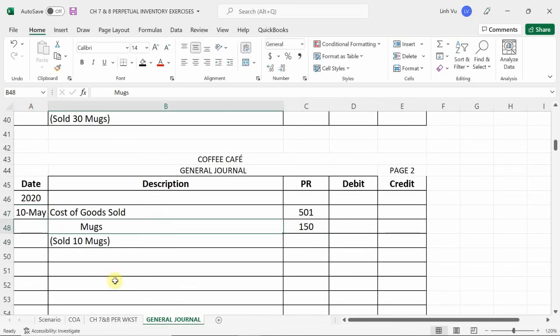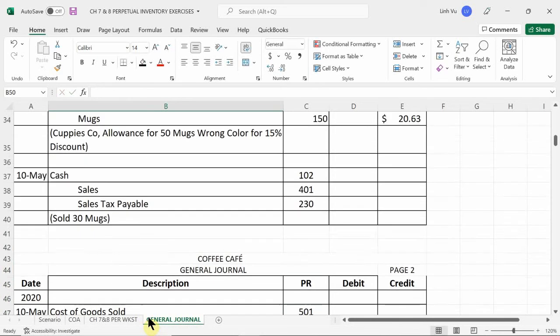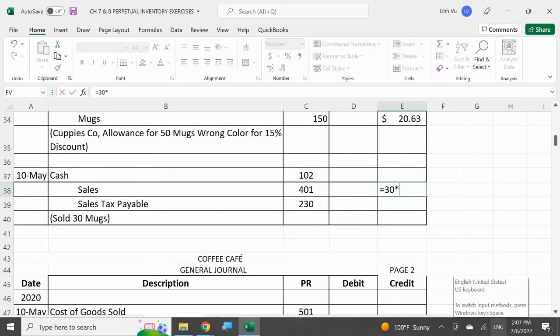And I can adjust this to say that we sold 30 mugs. So if I sold 30 mugs, what's my total sales here? Sold 30 mugs at $10 each, $300.